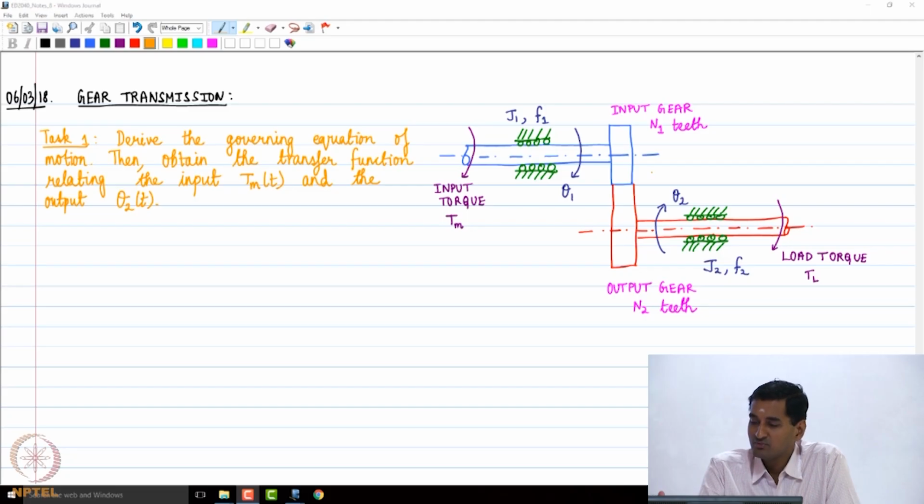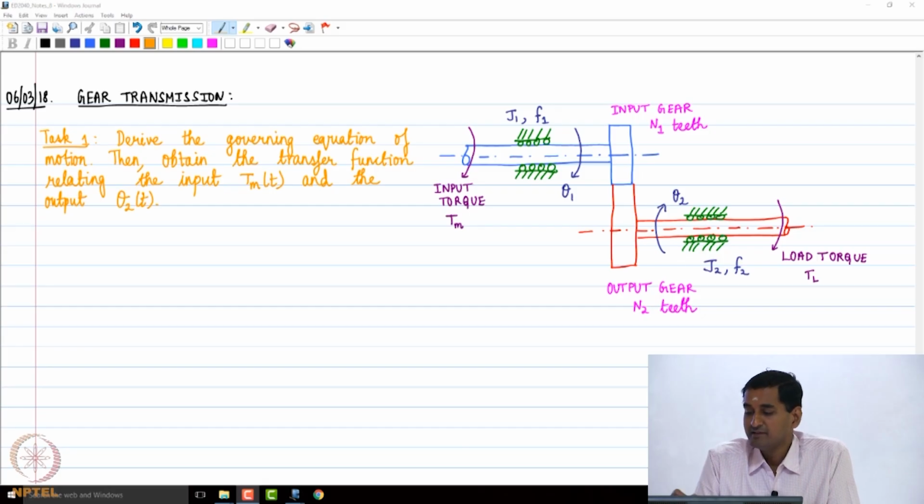We have the input shaft, to which an input torque of Tm is given. For example, this input torque could come from a motor driving the input shaft, and that input torque is going to drive the entire shaft and gear assembly.